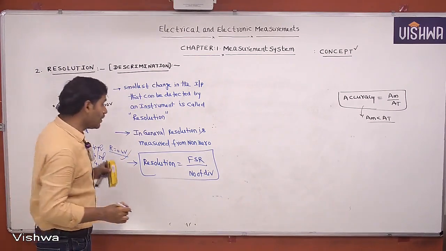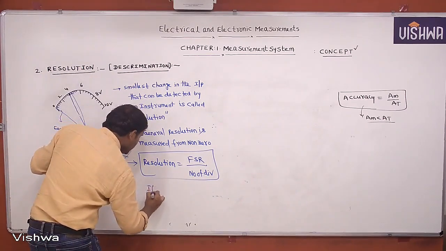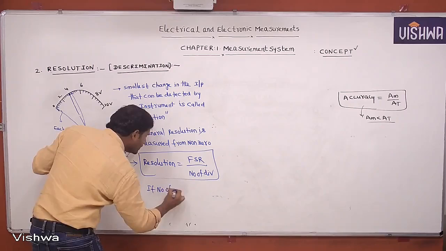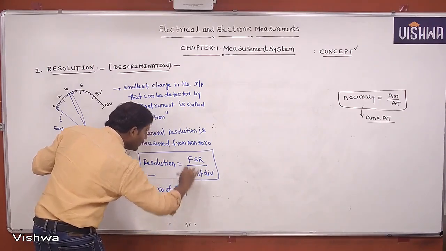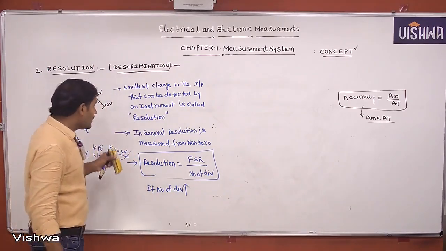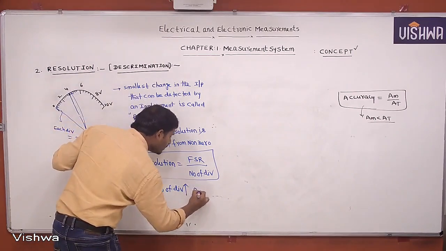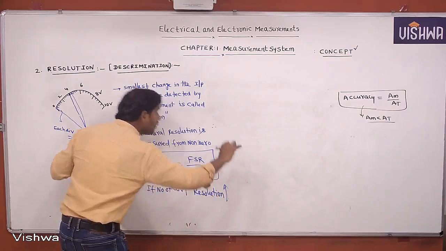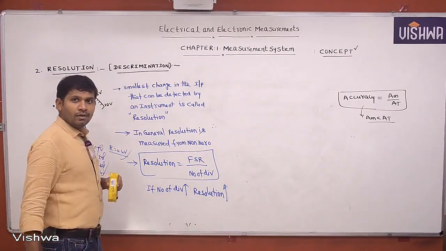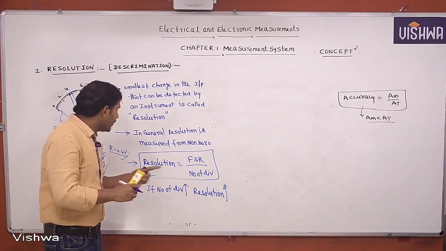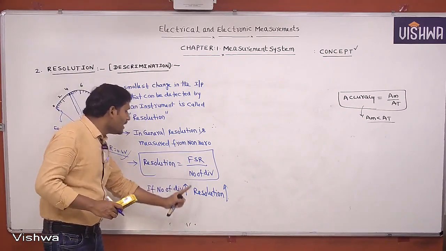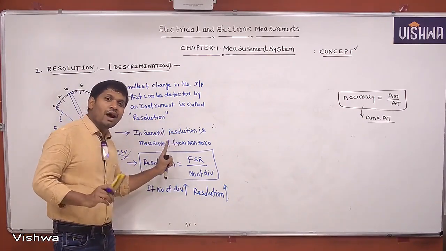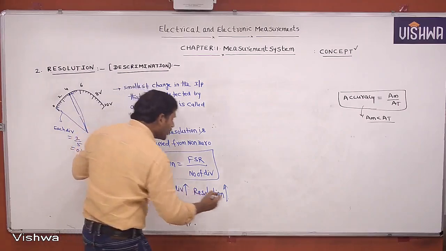That is, if number of divisions increases, what is the resolution? If number of divisions increases, resolution also increases. Don't confuse. Not according to mathematics, but technically.